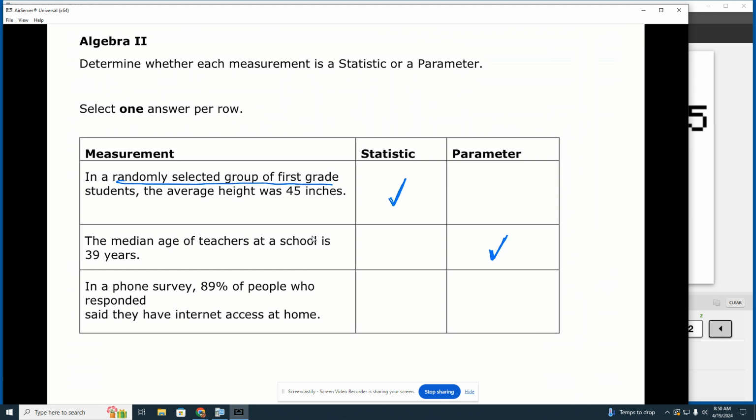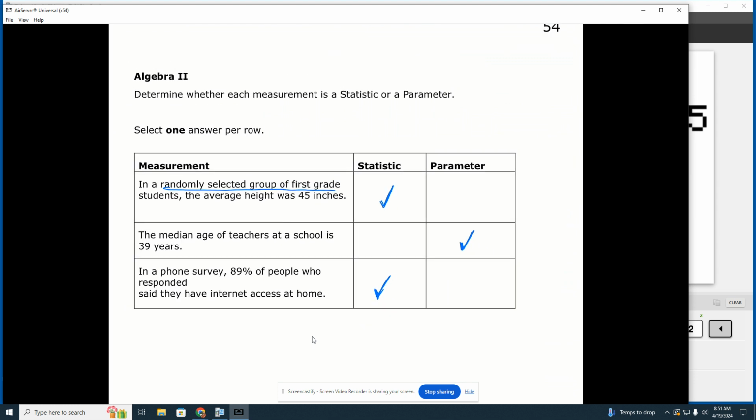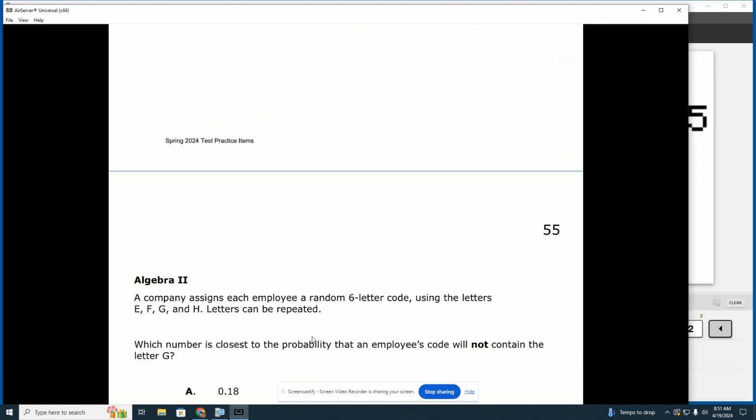In a phone survey, 89% of people who responded said they have internet access at home. Again, you can tell this is a sample. It's not a full group. It has to be a statistic, not a parameter. Remember, a statistic reaches a sample, a parameter reaches an entire population. That's the thing you have to be able to answer when you see this, okay?